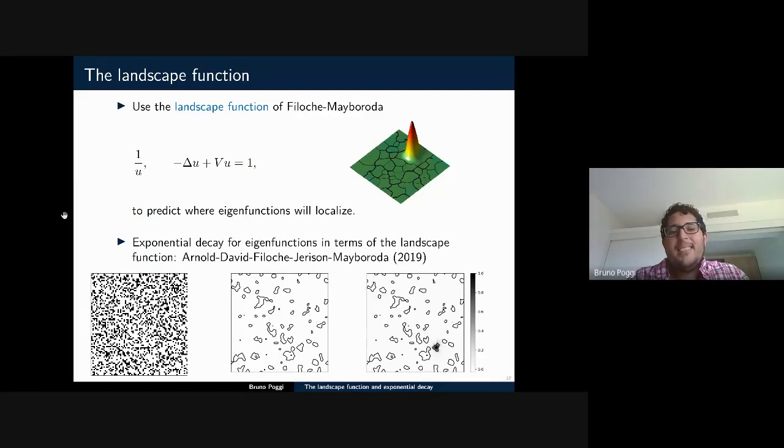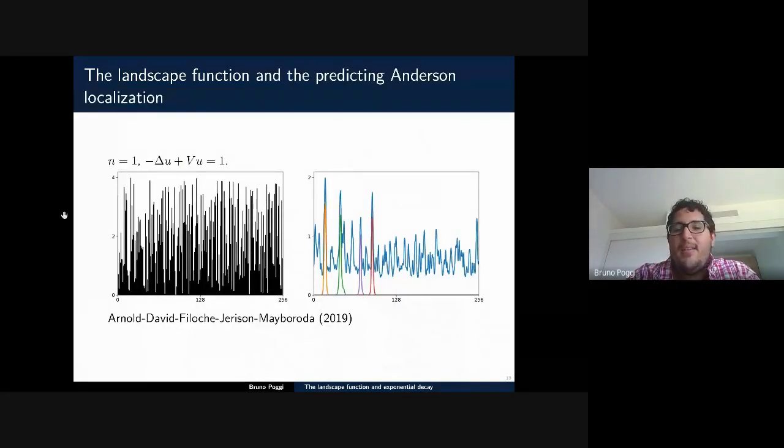Now, in the next slide, we have another example in dimension 1. Again, on the left side, you have a potential, which is random values between 0 and 4. So this function is crazy. But on the right-hand side, the blue line represents 1 over u.